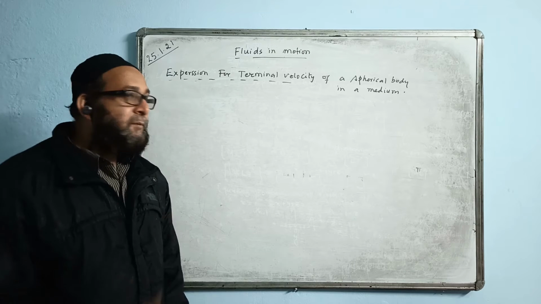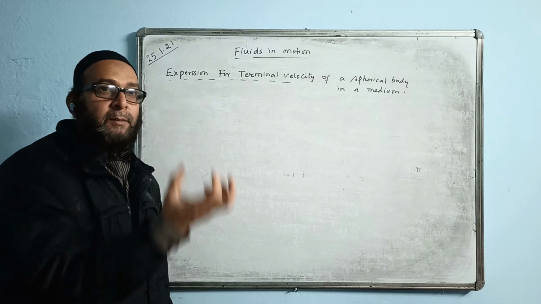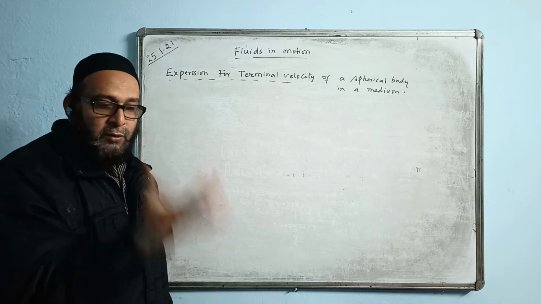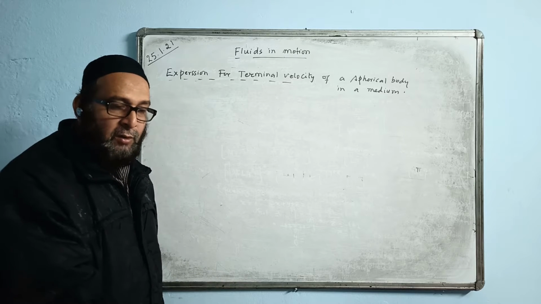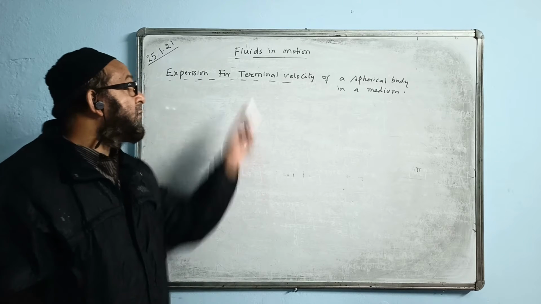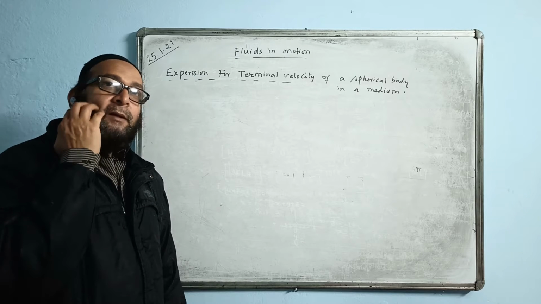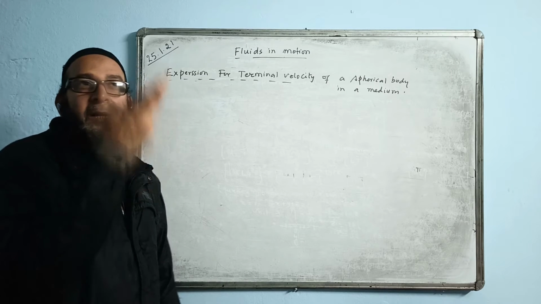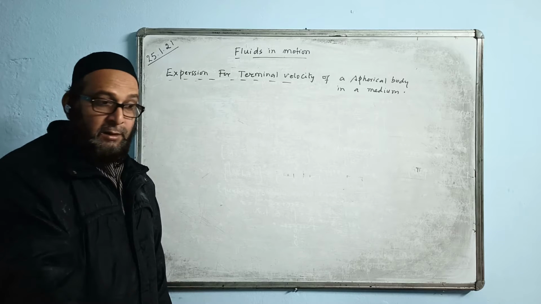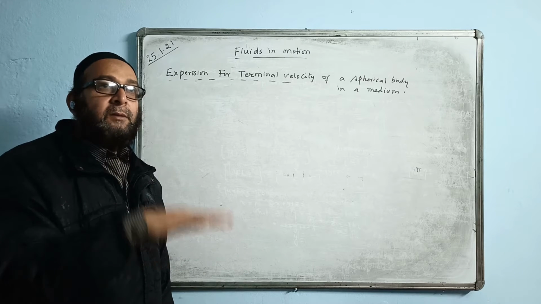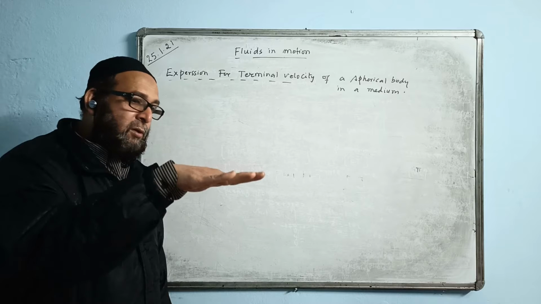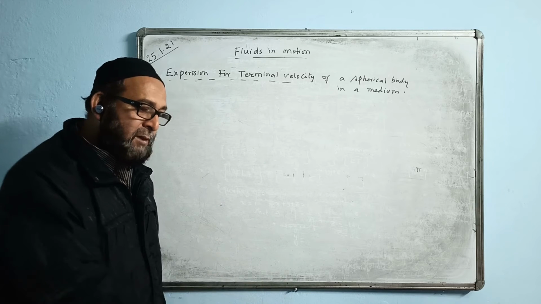Suppose a spherical body falls in a medium such that it falls down with a constant velocity. That constant velocity is known as terminal velocity. That means the body is in dynamic equilibrium. For example, raindrops, when they reach near the earth's surface, fall down with the same velocity all the time.